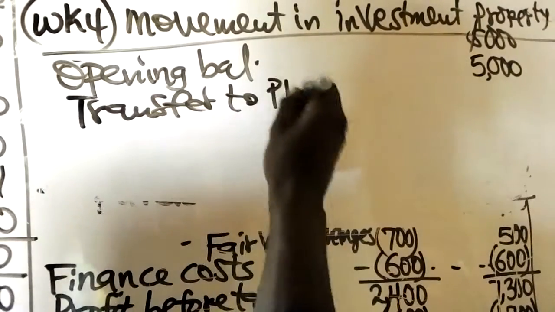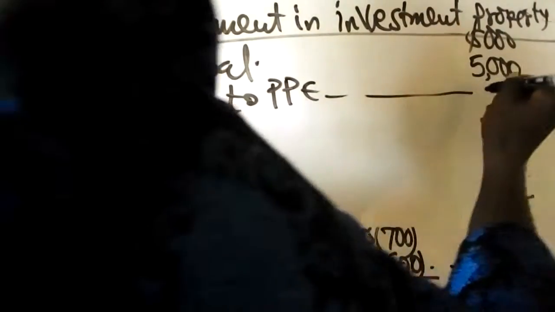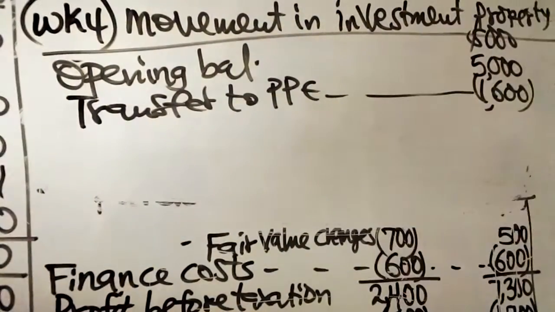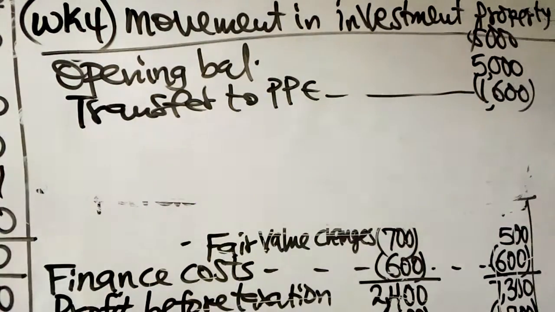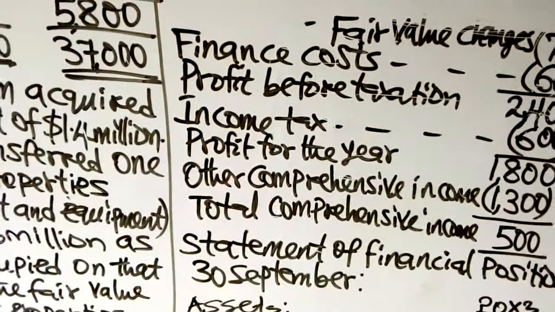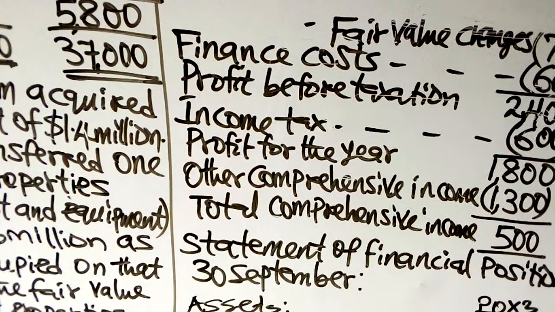That means it will go out of investment property and go to PPE. Then we also have purchase of investment property of 1.4 million.